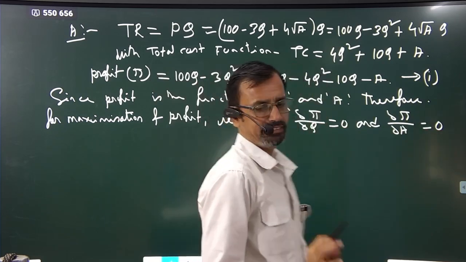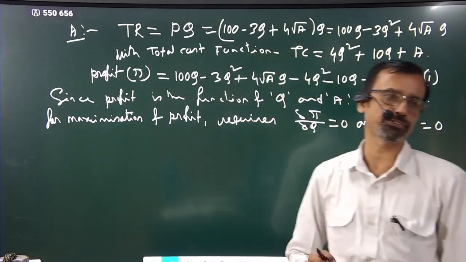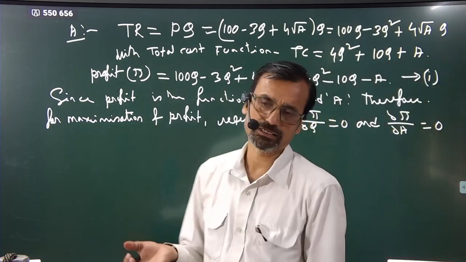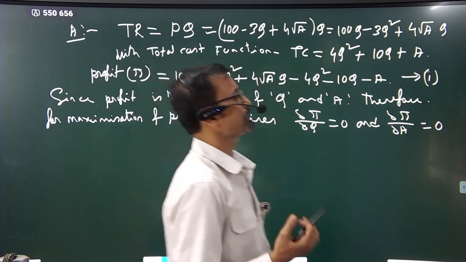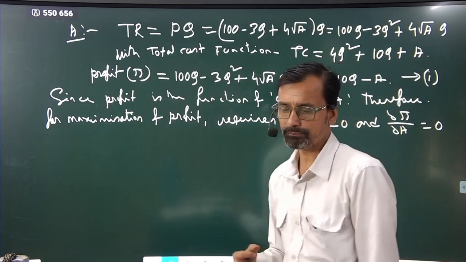So we will differentiate the profit function with respect to quantity output produced. Next, we differentiate the profit function with respect to advertisement cost, that is A.